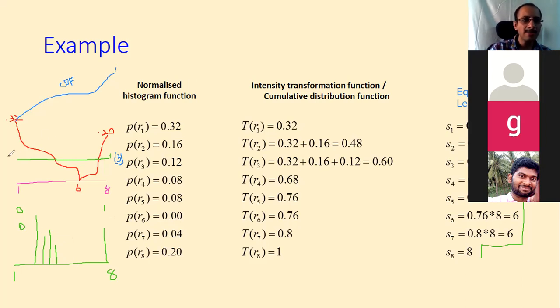So the original histogram, if we sketch it, how will it be? Let me change the color and plot with red. The first one is 8 pixels. And then the second one, 4 pixels. They are close.